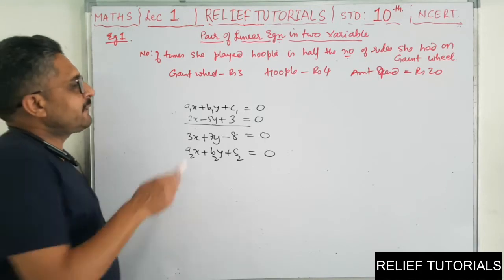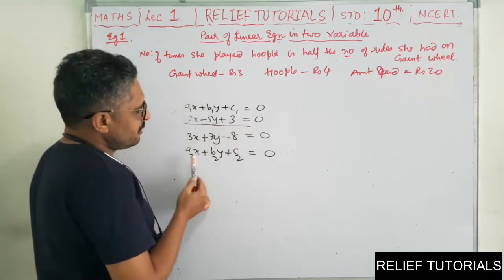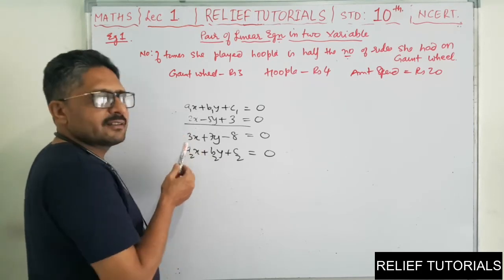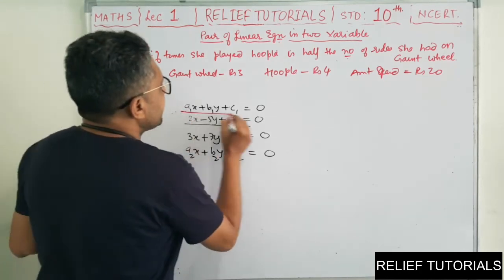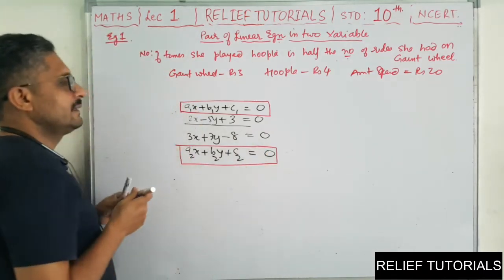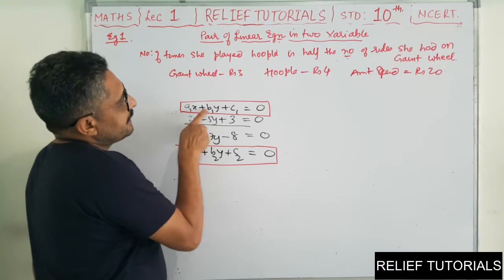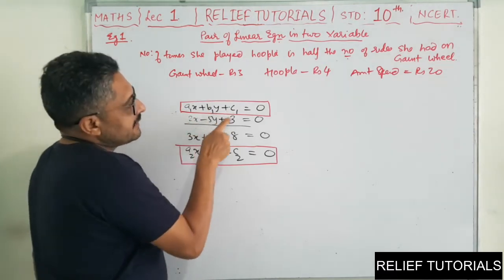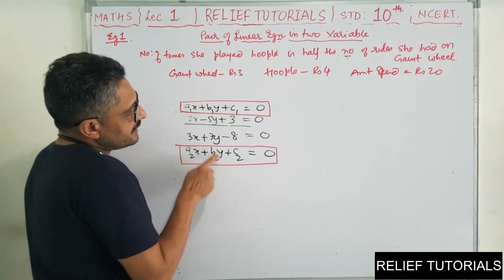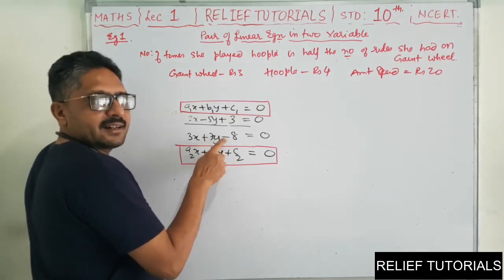Why? Because if I write ax plus by plus c equal to 0 here, and ax plus by plus c equal to 0 there, for a there are two different values. So I will take this here and this here. Here a1 is 2, b1 is minus 5, c1 is 3. Here a2 is 3, b2 is 7, c2 is minus 8. Have you got it?